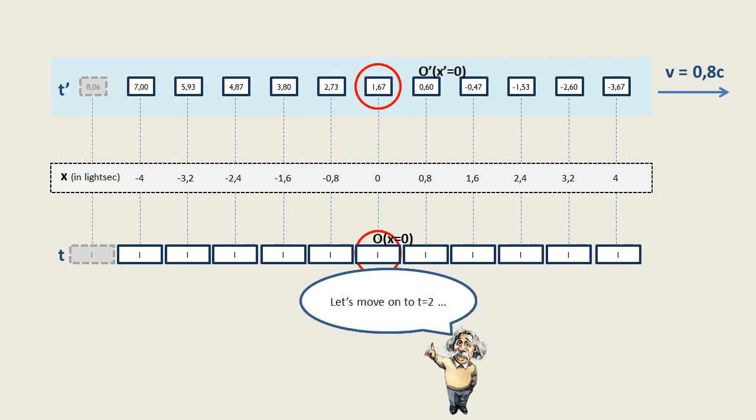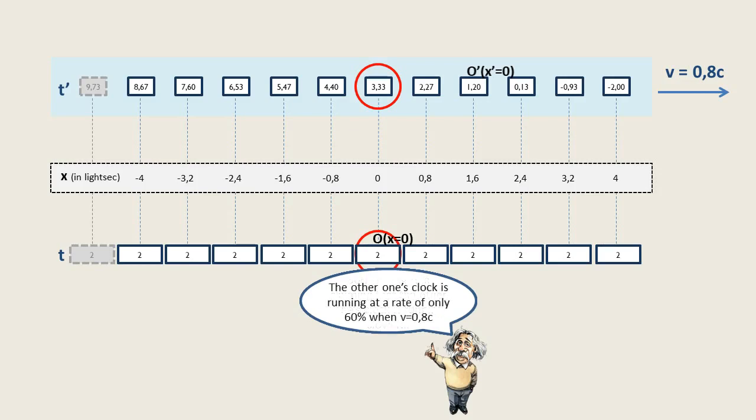Let's move on to the following second. The clock in the frame of O' reads 3.33 seconds and only 2 seconds at O. So, the clock from O runs at a rate of 60% of those from O'. Both are right in claiming that the other one's clock is running slower.